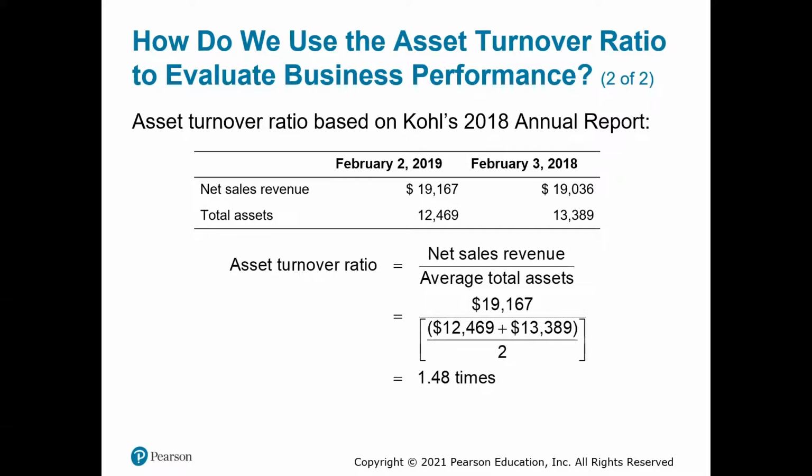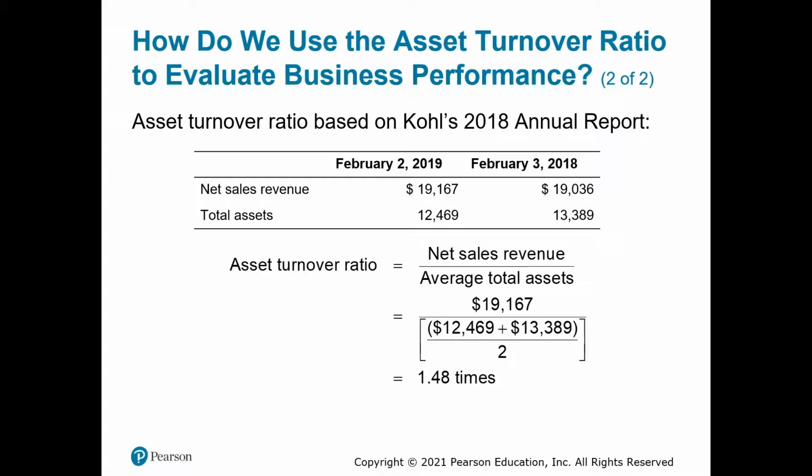Now, using net sales revenue and total assets in millions from Kohl's Corporation in 2018, from their annual report for the fiscal year ending February 2nd, 2019, suppose that the asset turnover ratio for the industry is 1.9 times.